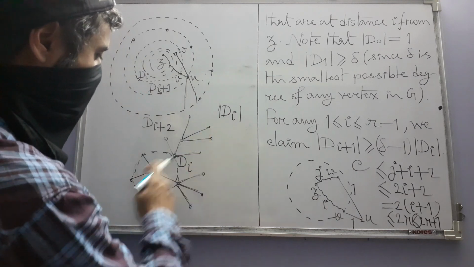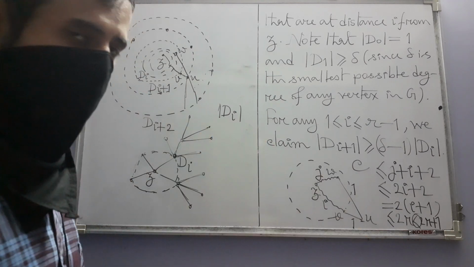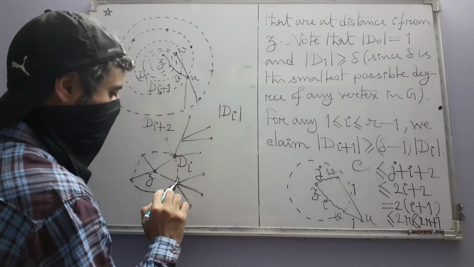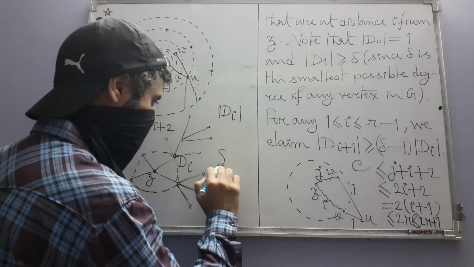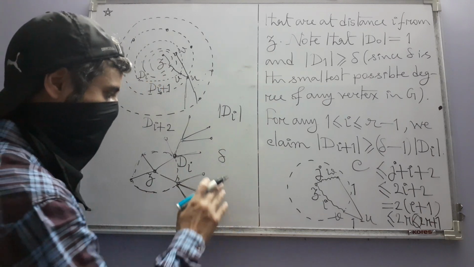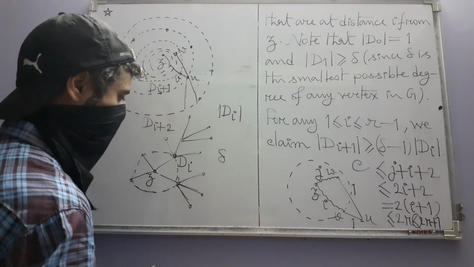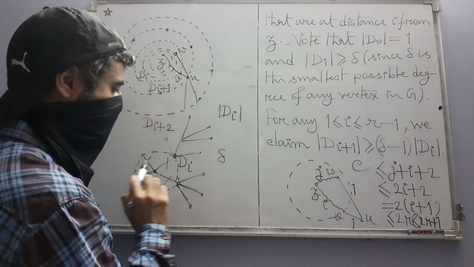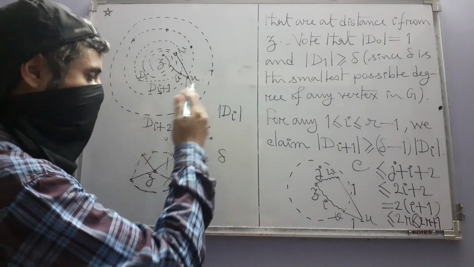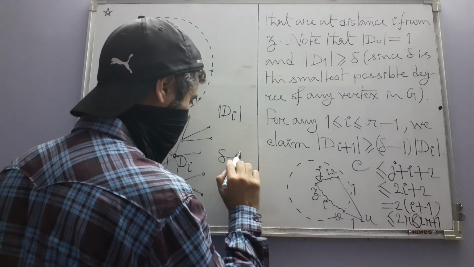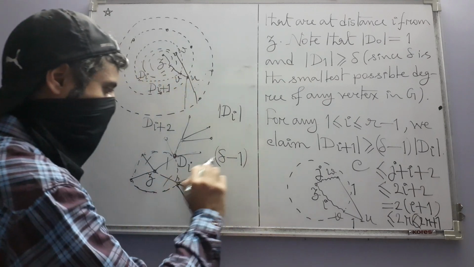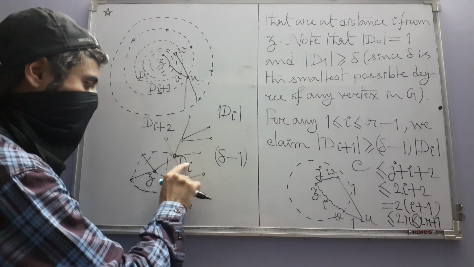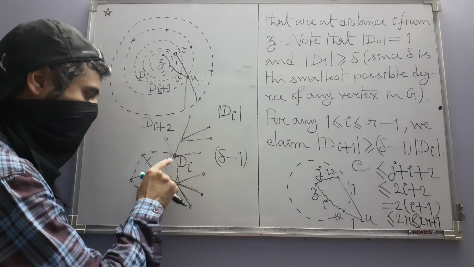At least how many new edges are being given rise to? The minimum degree that any vertex has is delta. It's actually greater than or equal to delta, but this is the minimum possible. Now from that, if you subtract one edge, because that is not going to contribute to Di plus 1, then you get delta minus 1. At least that many edges are emanating from each vertex at the level Di.